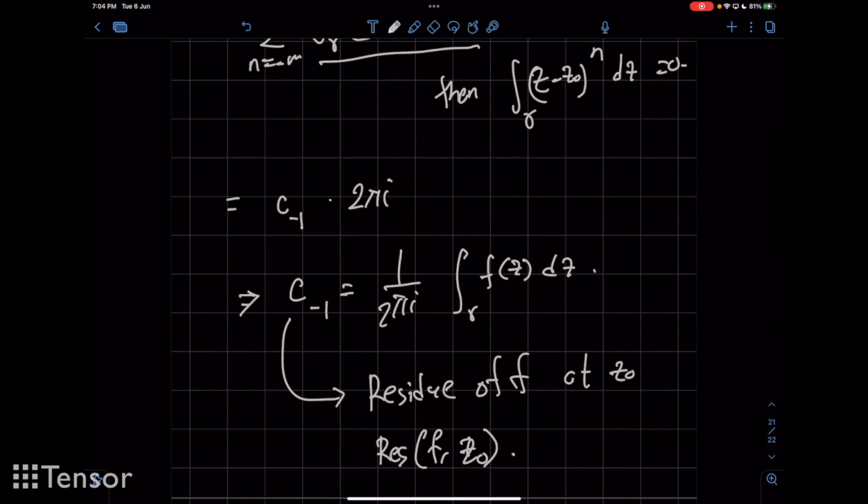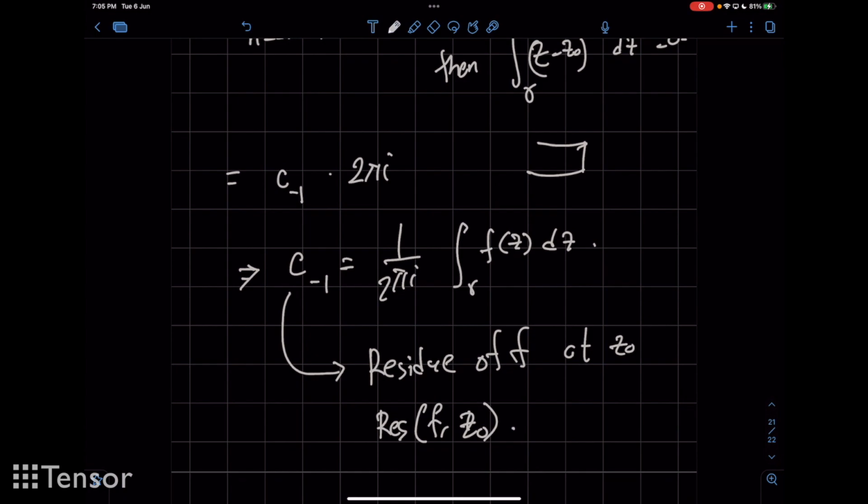This basically measures how much Cauchy's theorem fails. For holomorphic functions, since we only have a power series and not a Laurent series, all the negative indexed coefficients vanish. That's why for holomorphic functions, the residue is 0.